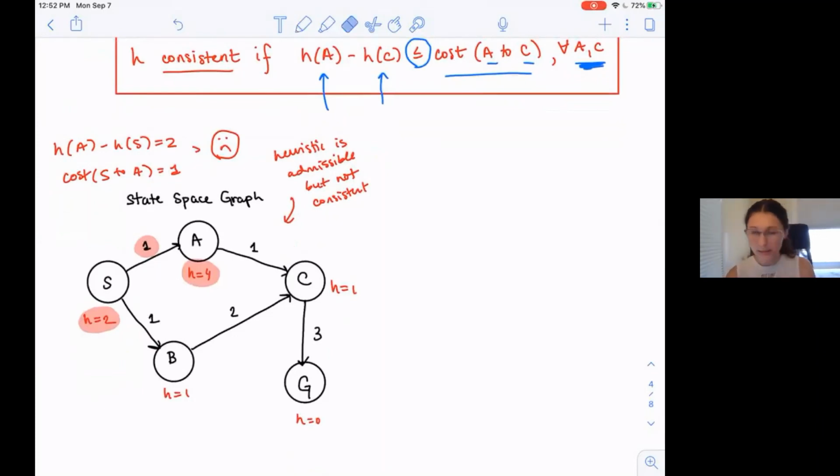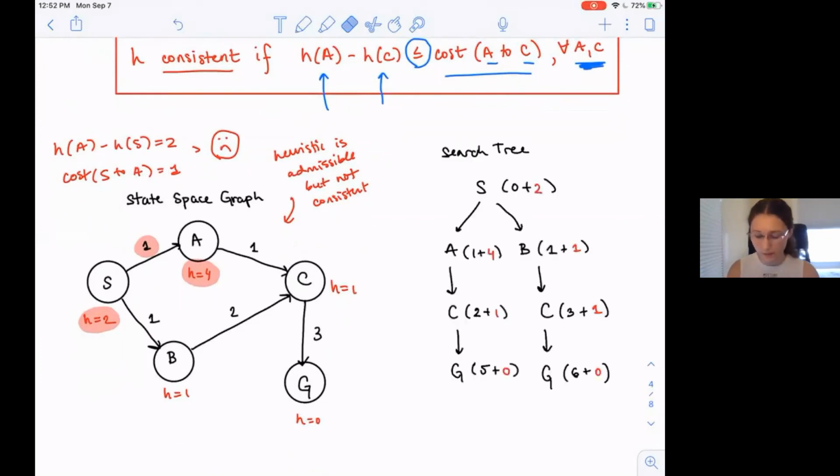Now, to see the difference between A star tree search and graph search and their ability to be optimal under the admissibility or consistency of a heuristic, we can look at the search tree that corresponds to the state space graph, where we write down each of the nodes as well as their neighbors. On the right-hand side, you see the cost to get to that node.